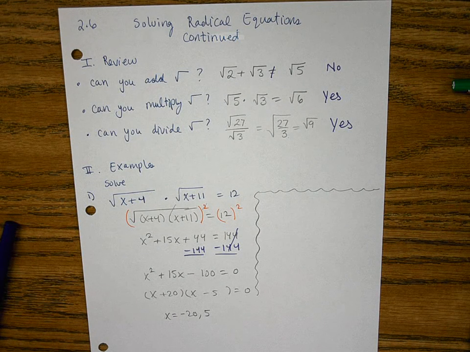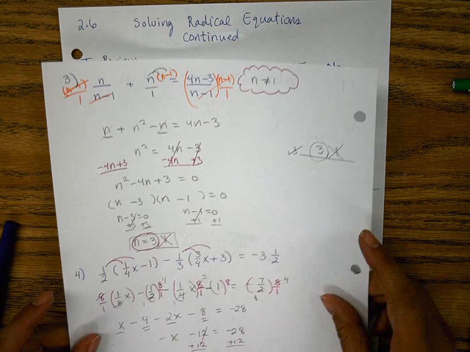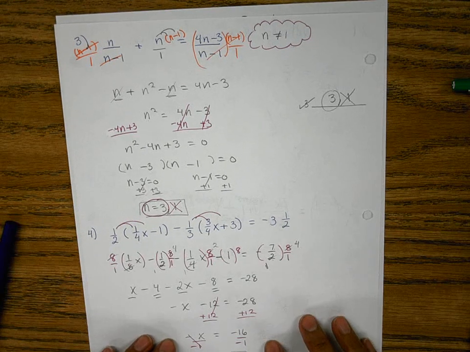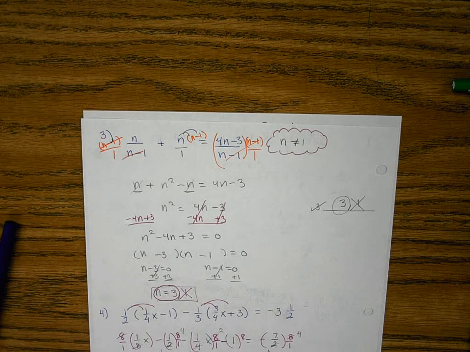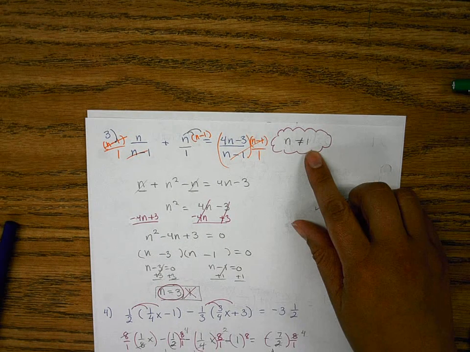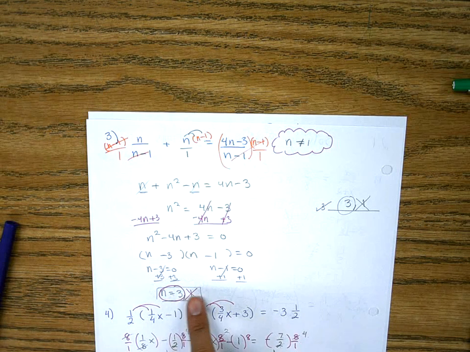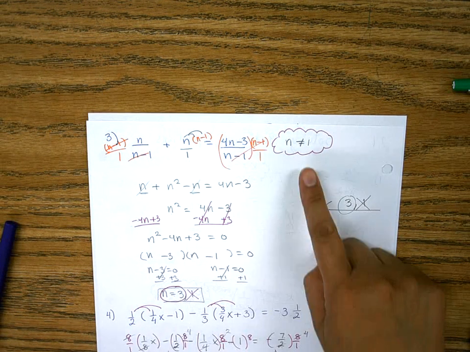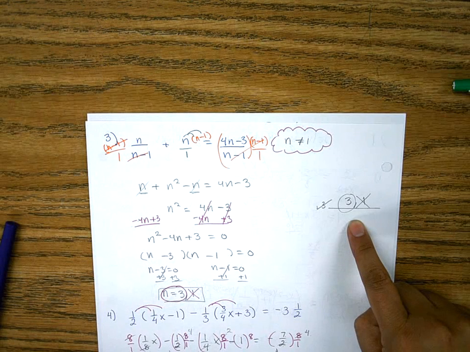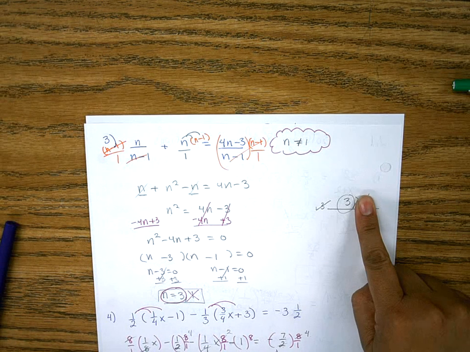And I'll show you what I'm talking about if I can find the notes. Okay, here's one. Something like this. This is another one where you don't necessarily check by plugging in, but you check to your restriction. Your restriction is n equals 1. You do all your work. You end up with two answers, one of them being a restriction, so you cross it out, and 3 is your only solution. 3 is what you would write down.